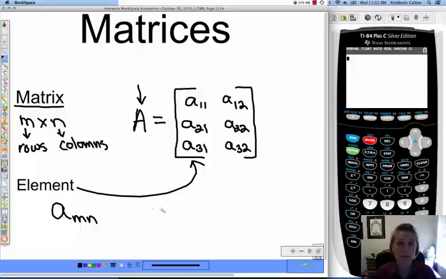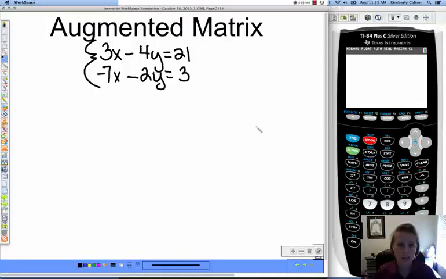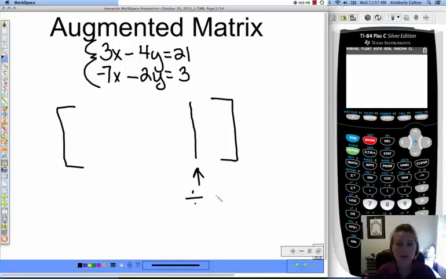Now that we understand a little bit about matrices, we're going to look at the augmented matrix. The augmented matrix takes a system of equations and transfers it into a matrix. So of course, to make a matrix, we're going to need a set of brackets. Augmented matrices are different than regular matrices because they have a line, and this line will divide the problem from the answer.